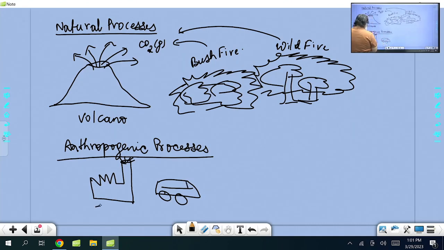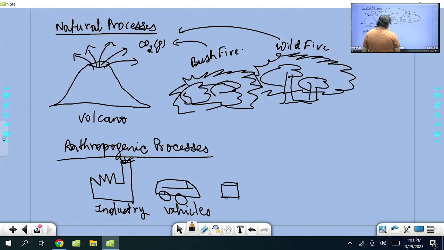So let's say industry, steel manufacturing or any industrial unit, vehicles. Then cooking, where we use fuel wood and cook stoves, burning of biomass. Sometimes man may also burn agriculture residues.